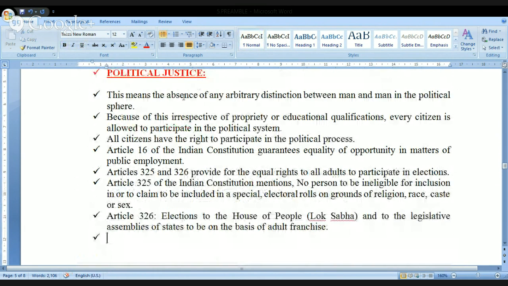This means absence of any arbitrary distinction between one person and another in the political sphere. I told you just now, in a democracy we are talking in terms of political justice. Hence, in this concept, every person should be given equal opportunity in the political field.